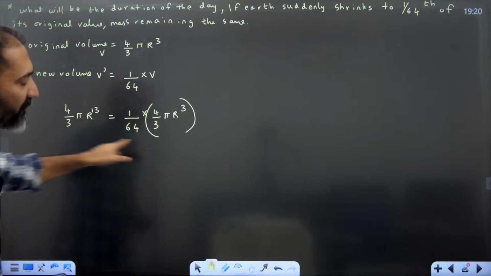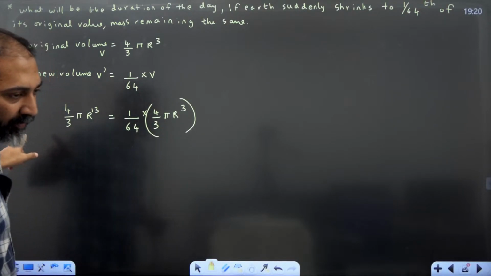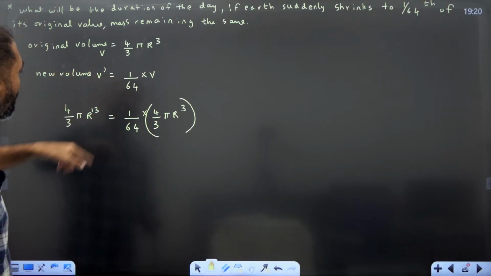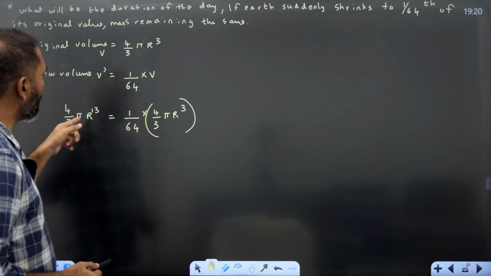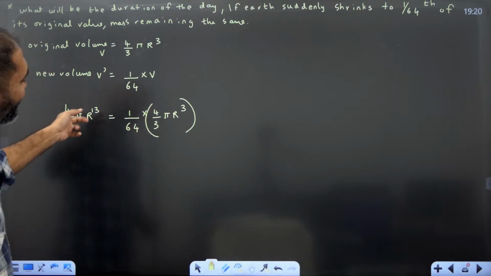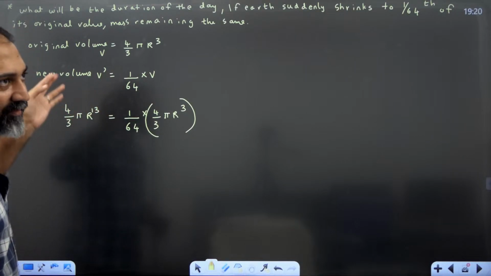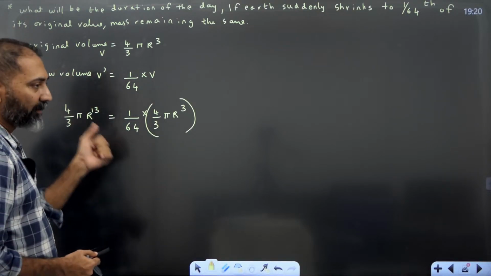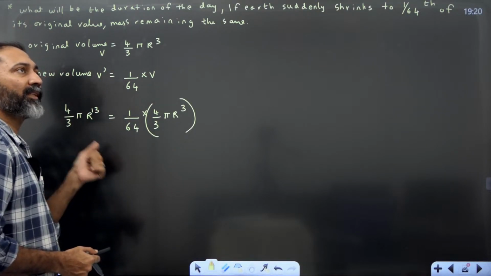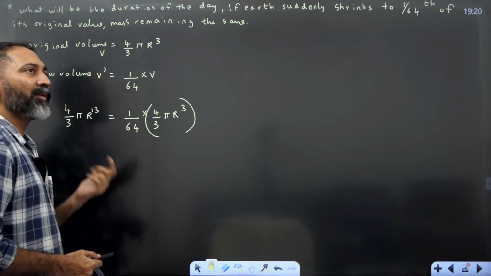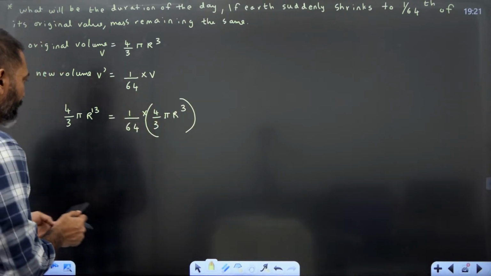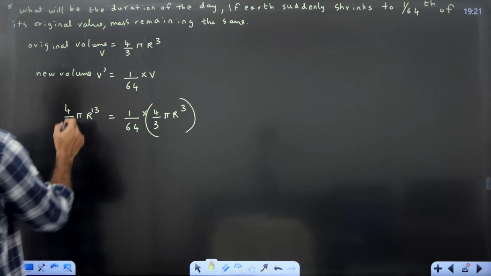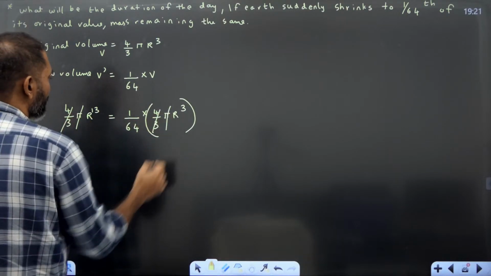I hope this equation is clear for all of you. New volume 4 by 3 pi r dash cube, where r dash is the new radius, is equal to 1 by 64 times the original volume, which is 4 by 3 pi r cube. 4 by 3 pi gets cancelled both sides.